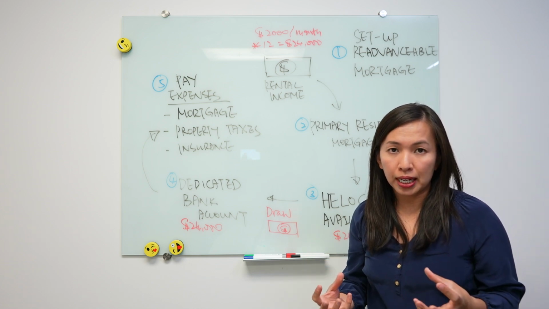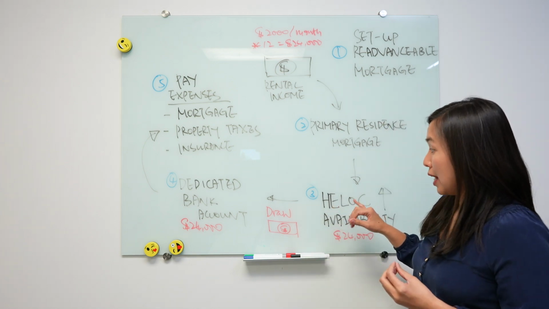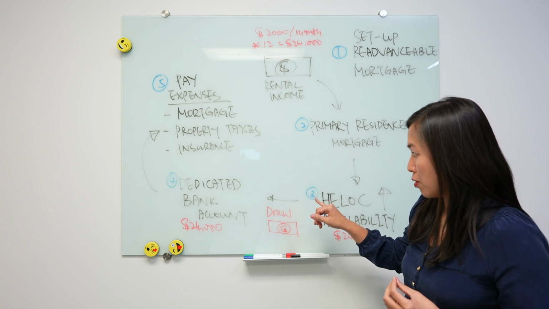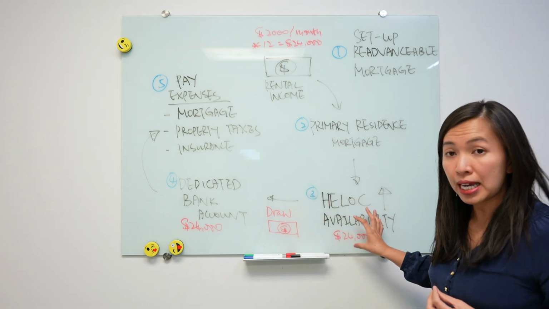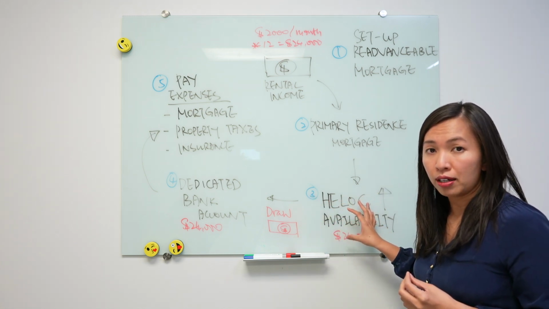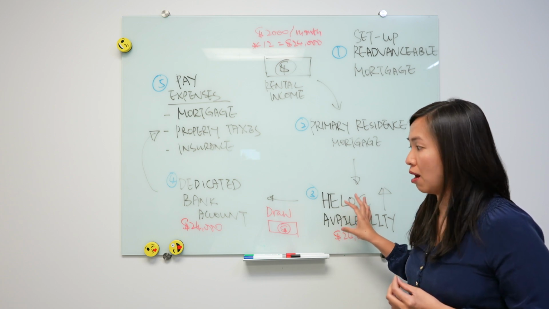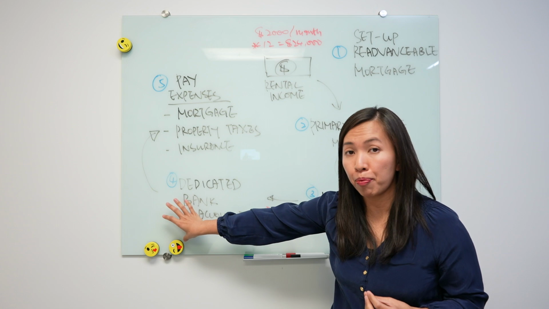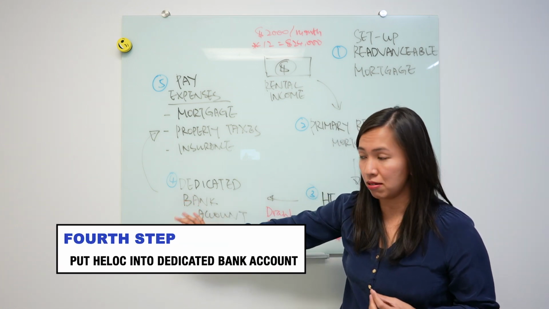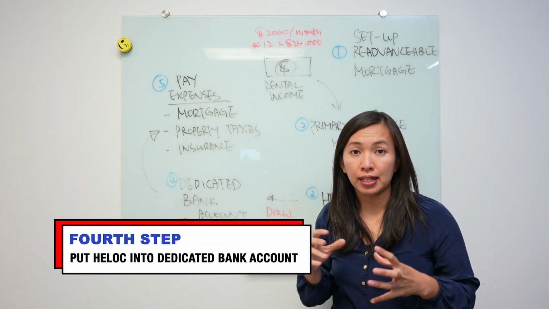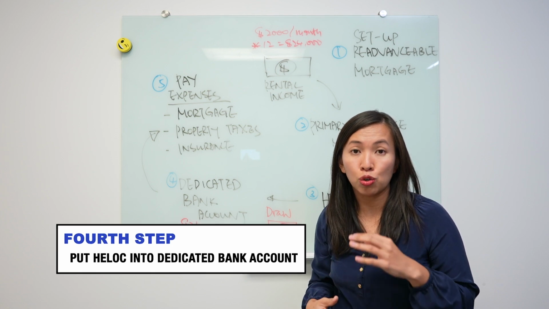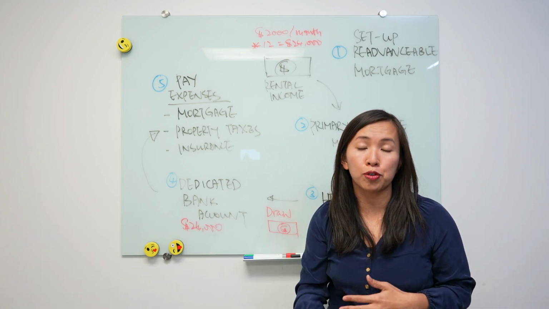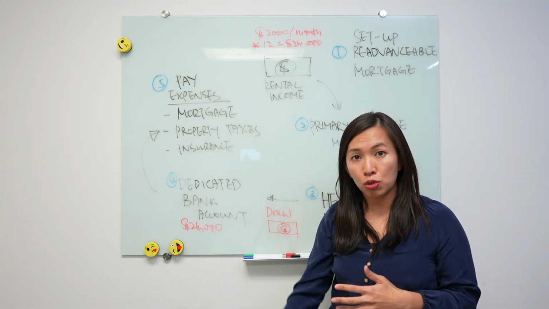Where is the money coming from? You now take the 3rd step and you take the money from your primary residence HELOC, take the same $24,000 and put it in a dedicated property bank account. Now, it's important to put it in a dedicated bank account to make sure that you would be able to prove to CRA that the money is used for investment.